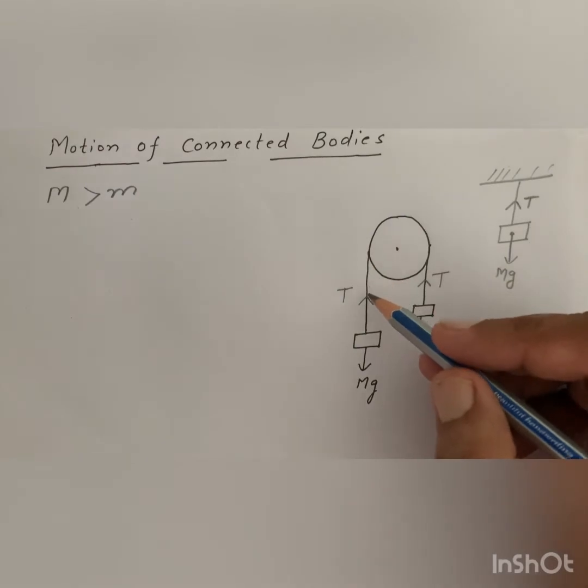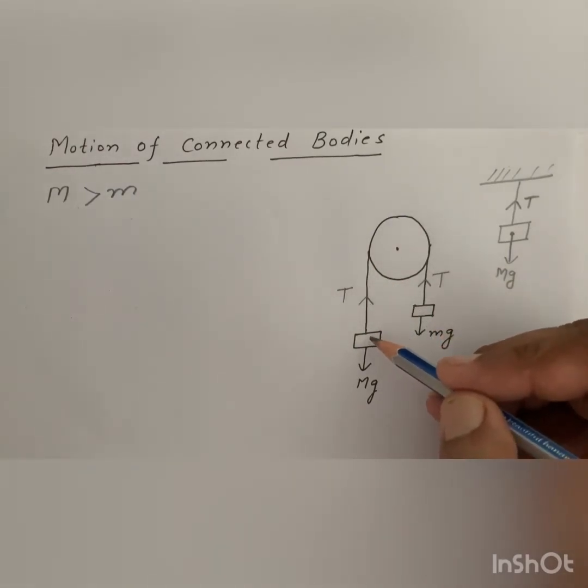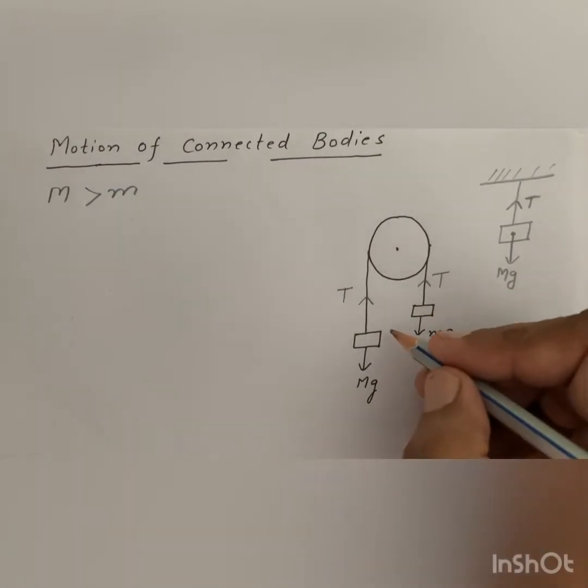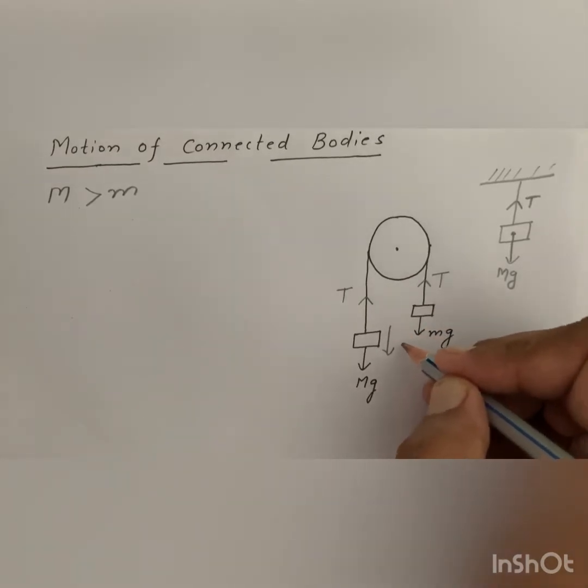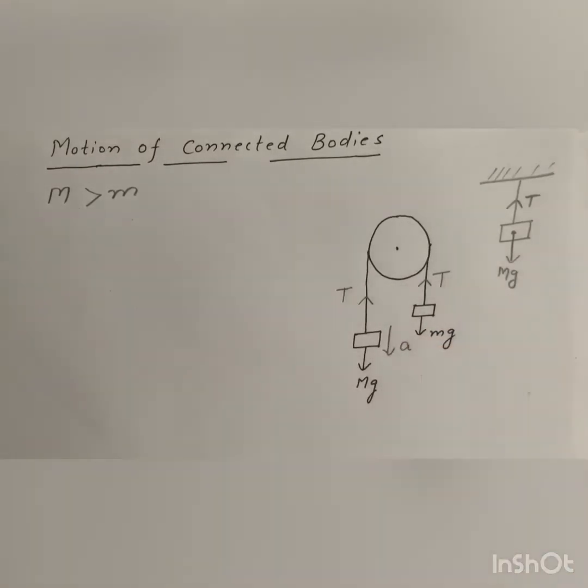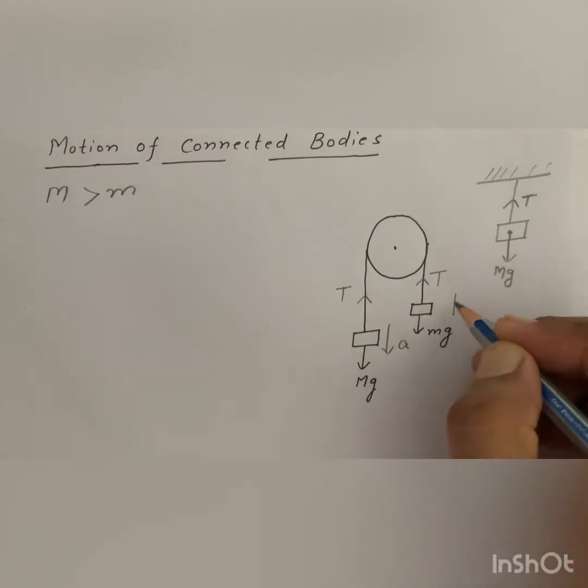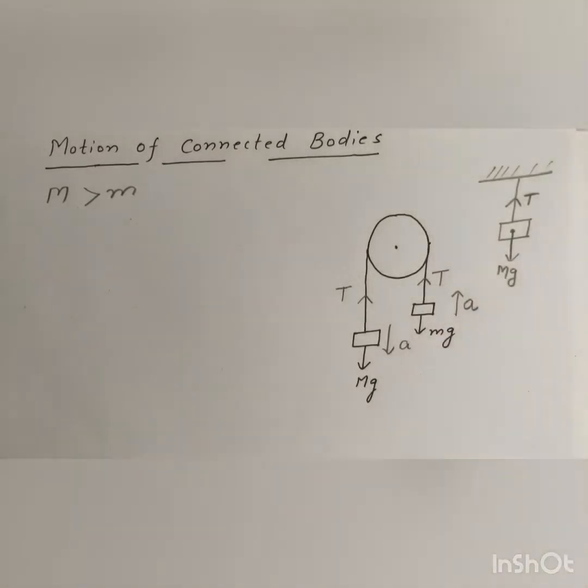So this mass will move in the downward direction with acceleration a, and this mass will move in the upward direction with acceleration a.